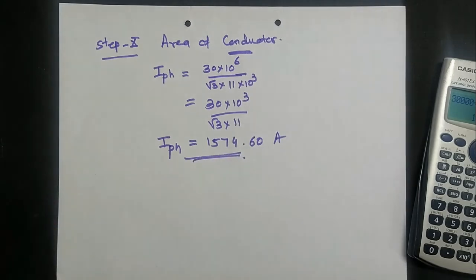If the current per phase is available, then based on this current, if we choose an appropriate value of current density, we can get the area of the conductor.